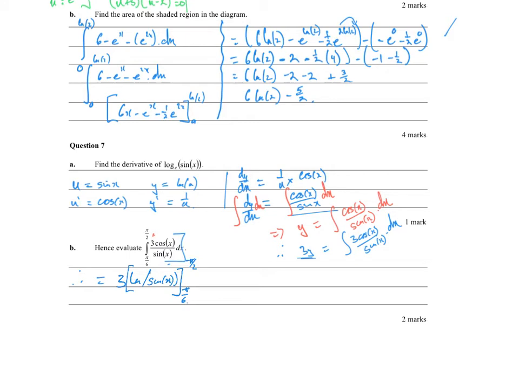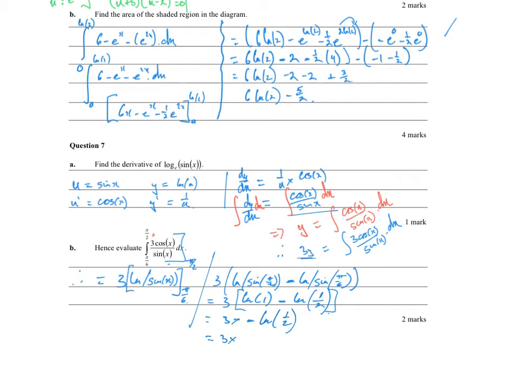So let's leave the 3 at the front. So it's 3 outside of, let's put pi on 2 in there, natural log of sine pi on 2 minus natural log of sine pi on 6, which is 3 times, sine of pi on 2 is 1, natural log of 1, minus sine of pi on 6 is natural log of a half, which is 3 times natural log of 1 is 0, minus natural log of a half, and if you remember, that's the same as negative natural log of 1 minus natural log of 2.